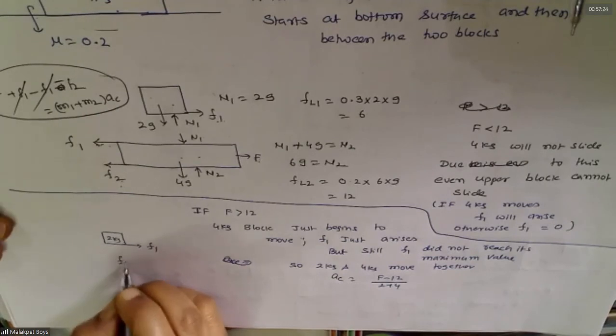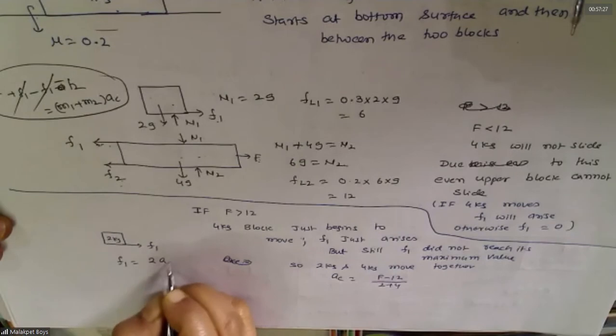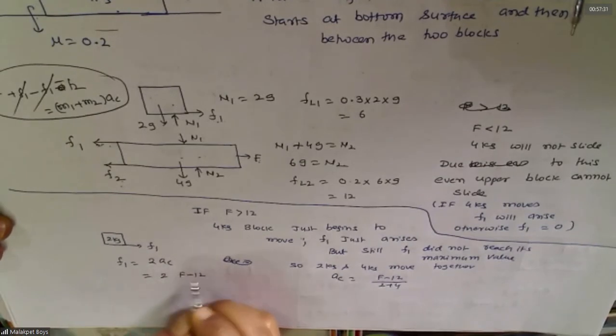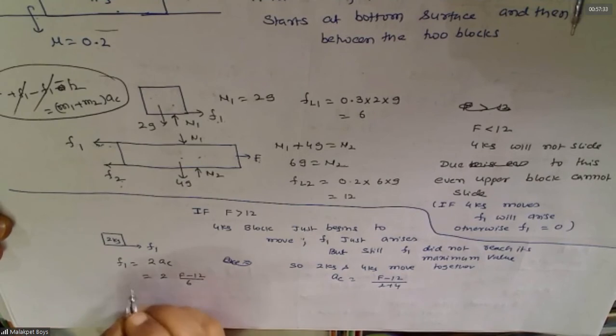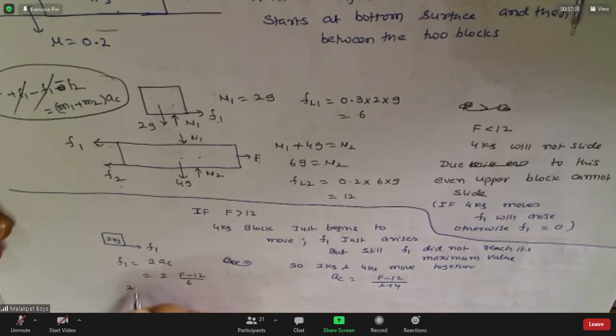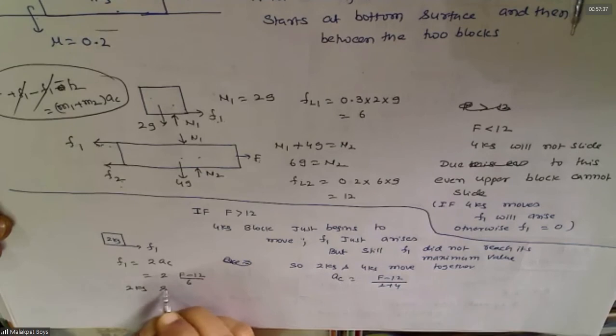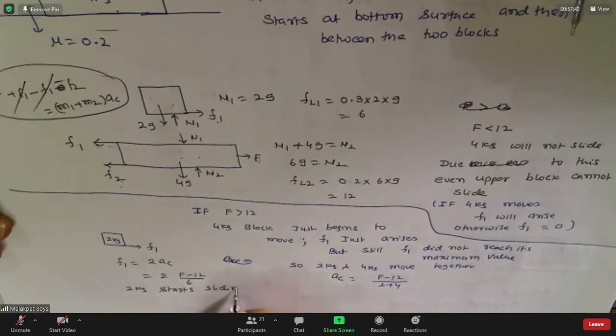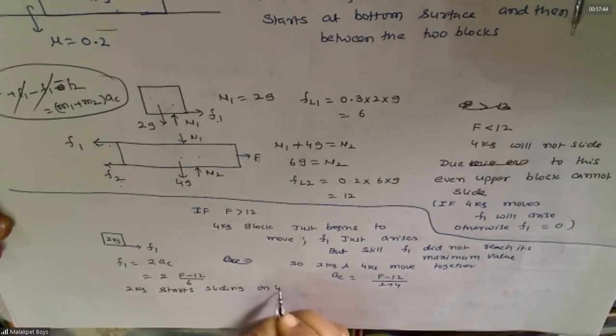Now this will move. So what is this? 2 into F minus 12 by 6. Okay. Now 2 kg starts sliding on 4 kg. When?